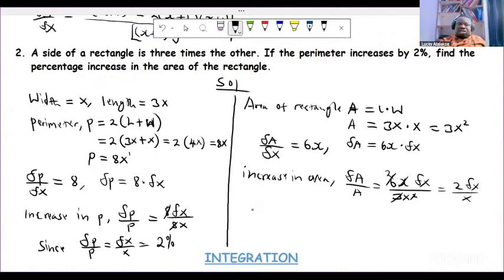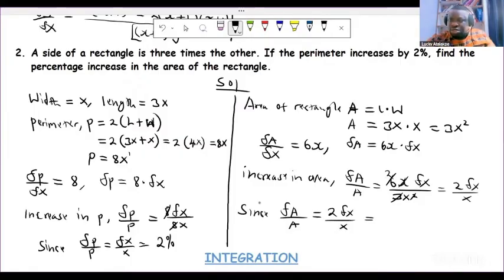So the increase in area is 2 dx over x, right? And we were told that it increased by 2%. So therefore, it then means that dx over x is the increase of 2%.